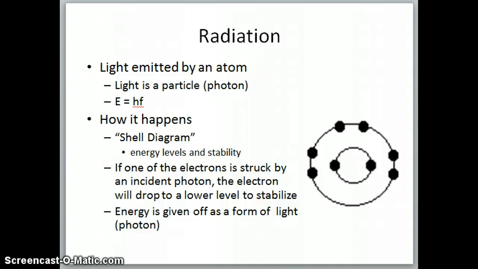So what happens is, if one of the electrons is struck by another photon, the electron will drop to a lower level to stabilize. So maybe this one will go down here. When that happens, energy is given off, and it has to go off somewhere. The energy that's given off is in the form of light, which, as I said, is a photon.